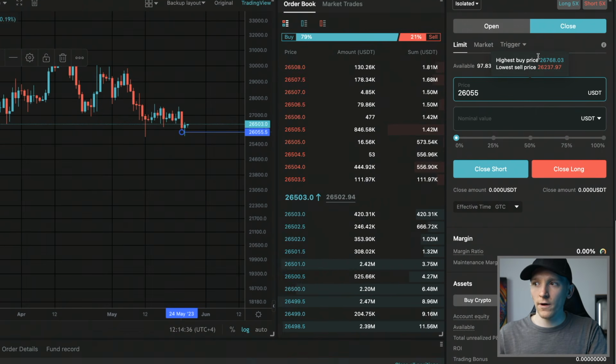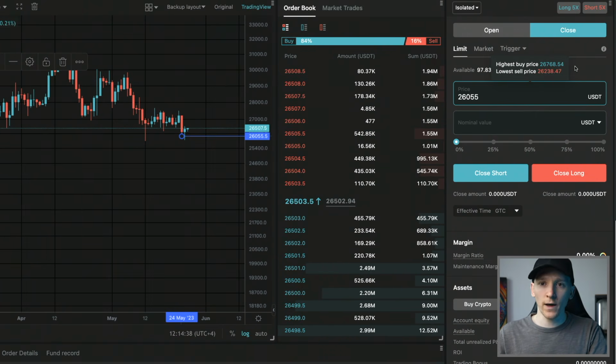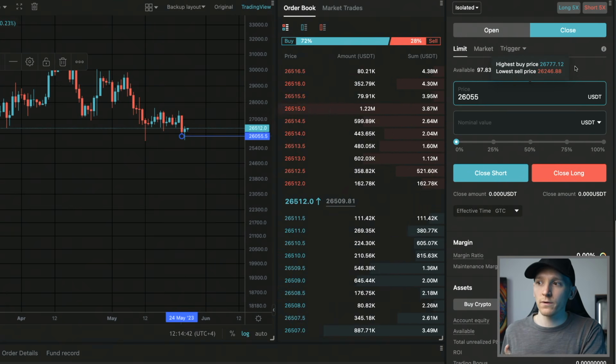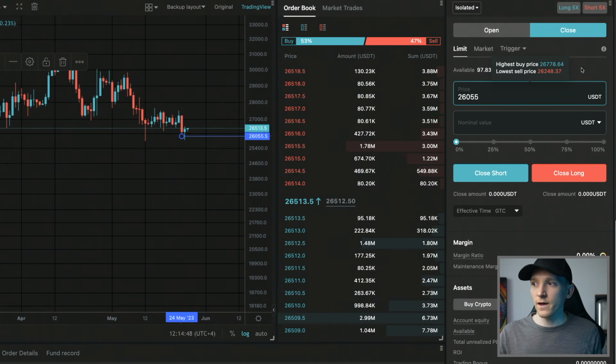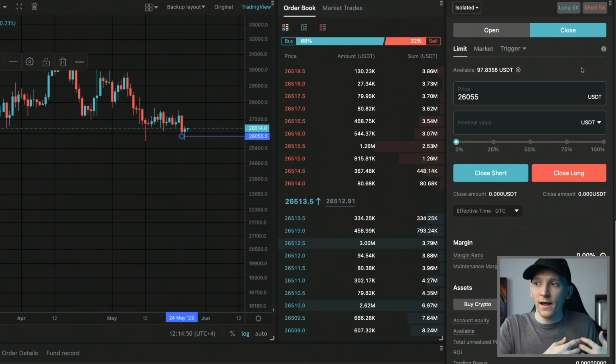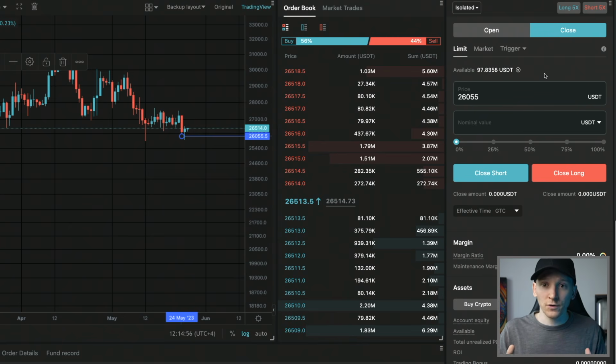What this is going to do is trade straight away, because what we're saying is, close the order with a limit price of 26,055. And the price is above that. So the system is going to say, you want me to sell, and the worst price that you want to get is 26,055. The current price is 26,500. I'm going to sell straight away for you. Well, that's a sell order, basically.